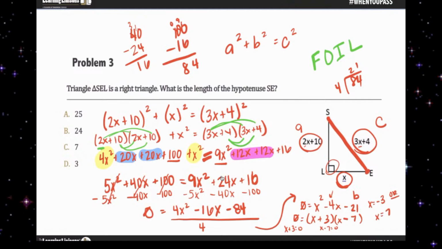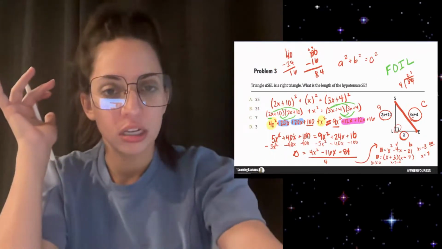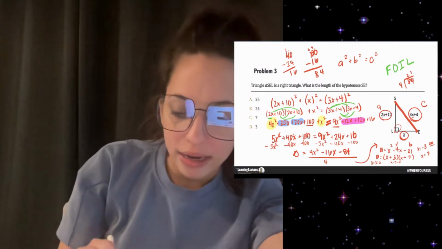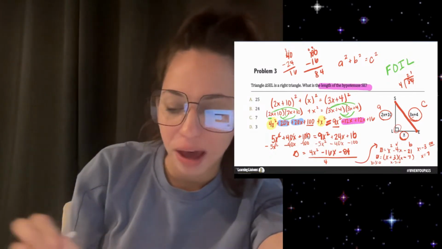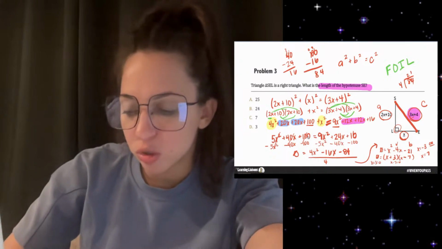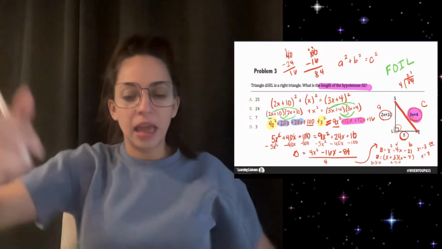Now, which answer is the only viable answer? Not the negative 3. Now, don't get me wrong. We just did all of that work to not even have our answer yet, because it asked us what is the length of the hypotenuse, which is what is the length of this, which means I have to take my x and plug it back in.